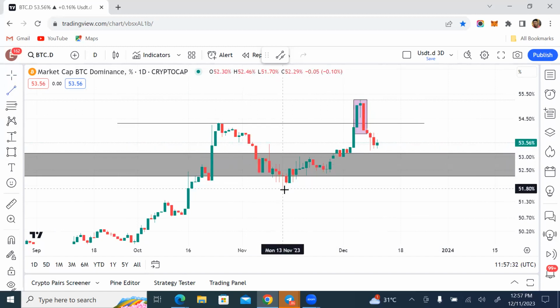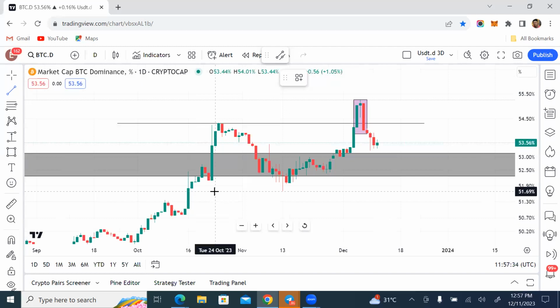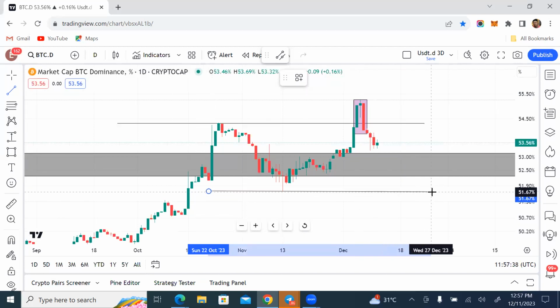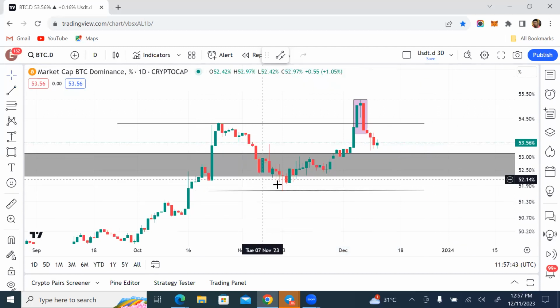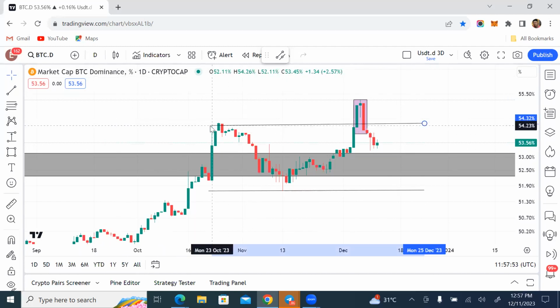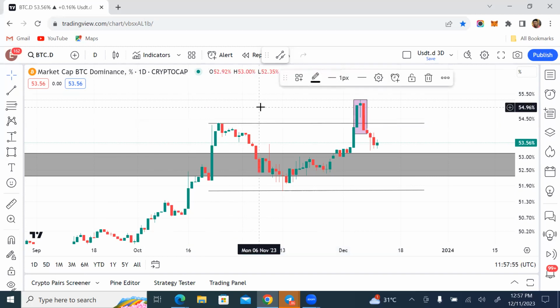In the range bound market, this would be our range, because it is this low that created this high. So obviously this will be our range. We're going to be ranging in between this price area. All right, that's what it looks like right now.